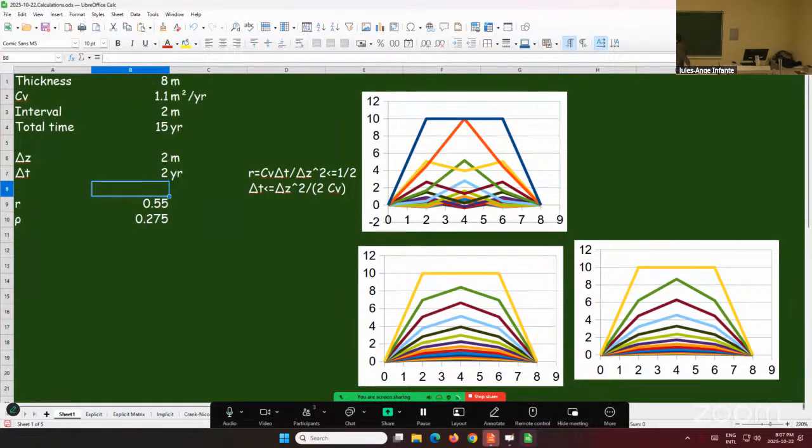So you still should use the criteria for the explicit method for other methods, even though you may not need to adhere to it, but it gives you an idea of what time steps would be good or not. And the same applies to your finite element, right? The finite element, like the implicit method here, will not typically show something that doesn't converge like this.